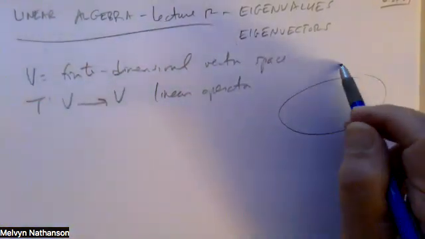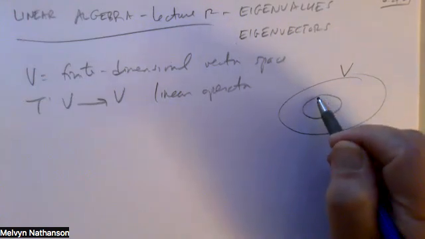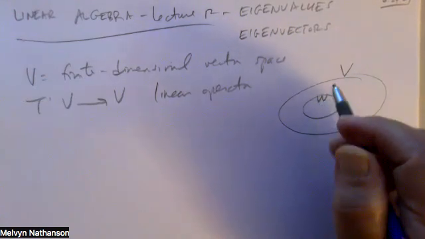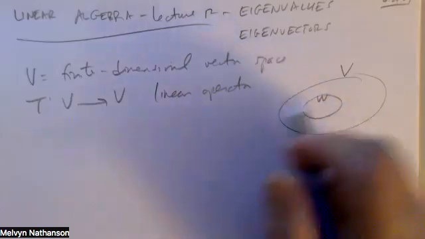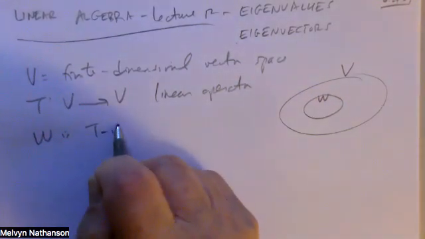So if you imagine this is the vector space V, you might have a subset W, or a subspace even, where for every vector, we say W is T invariant.